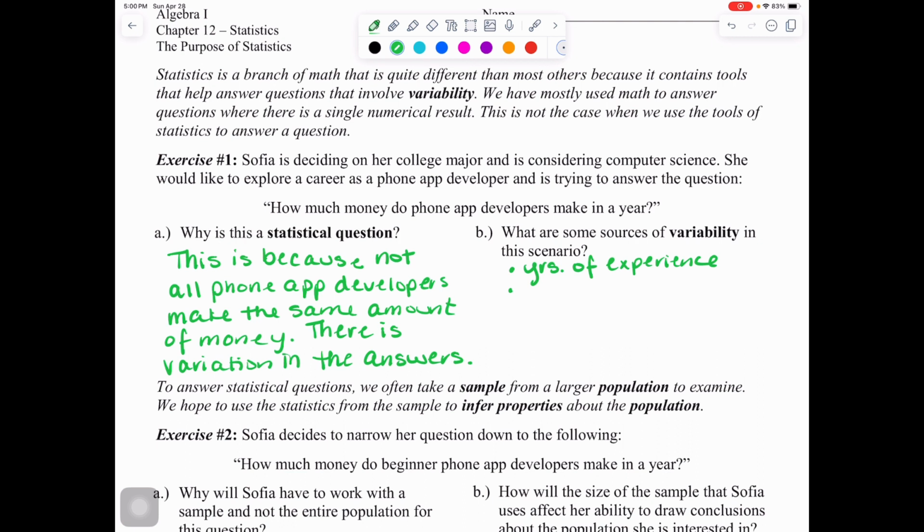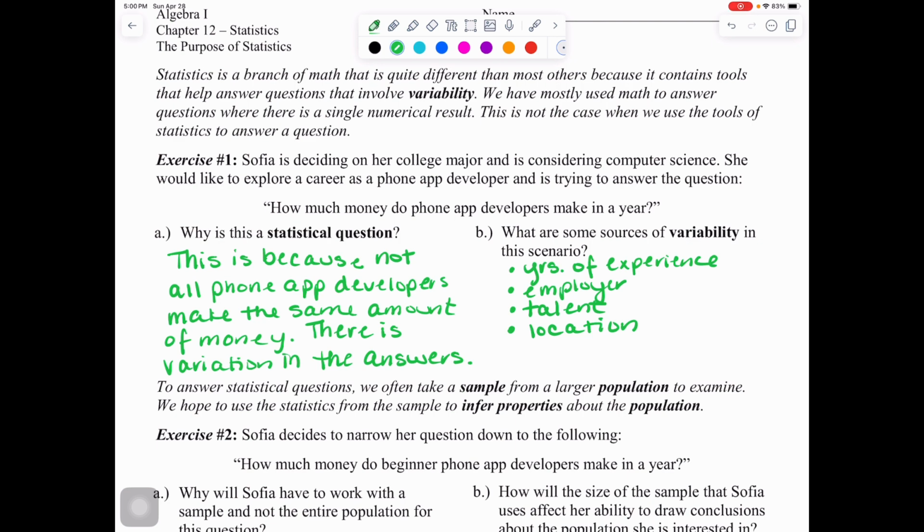This could come down to who you work for, so that's your employer. It could depend on how good you are at it, right? So talent. It also could depend on where you live or where you work. So I would say location. Sometimes depending on where you live, you make more or make less because of that.